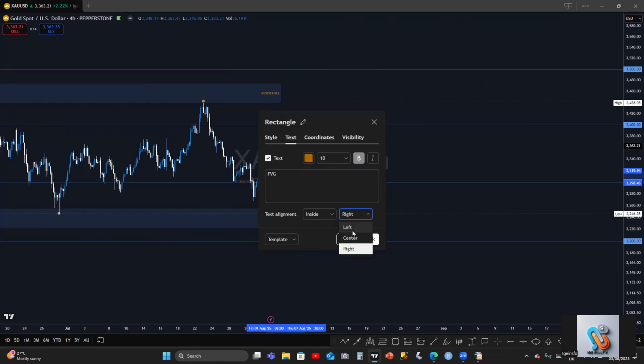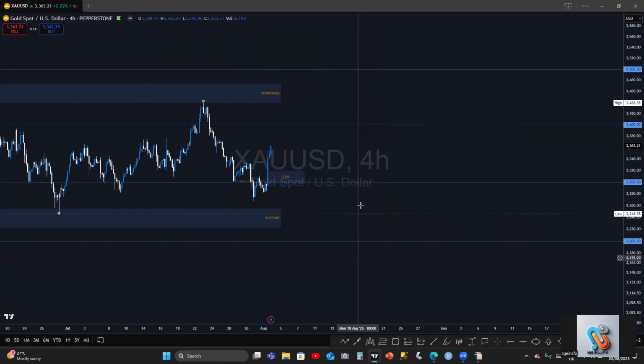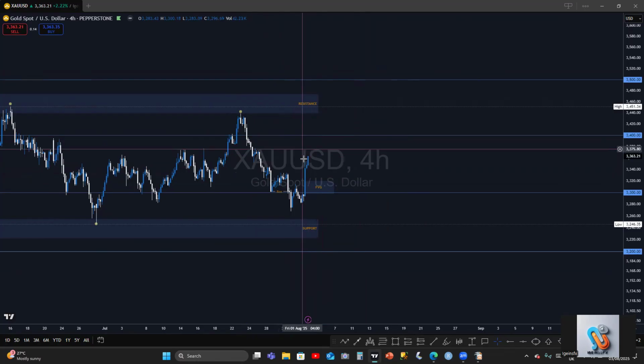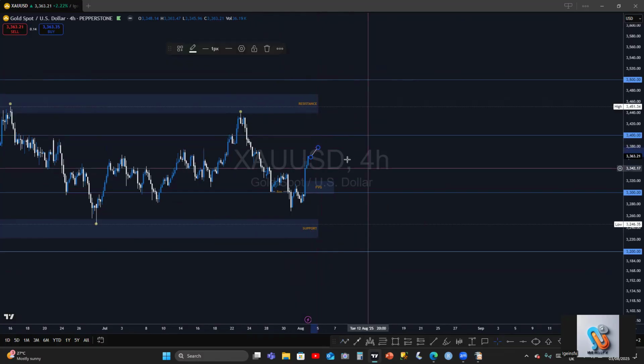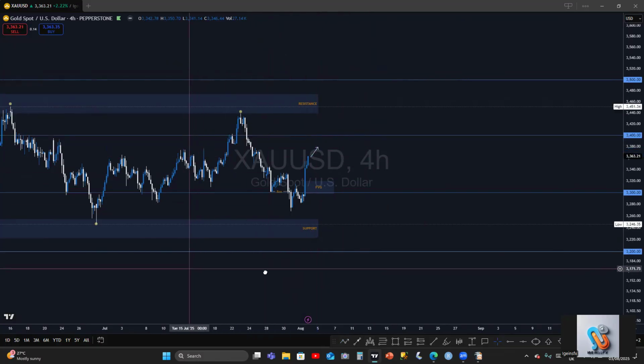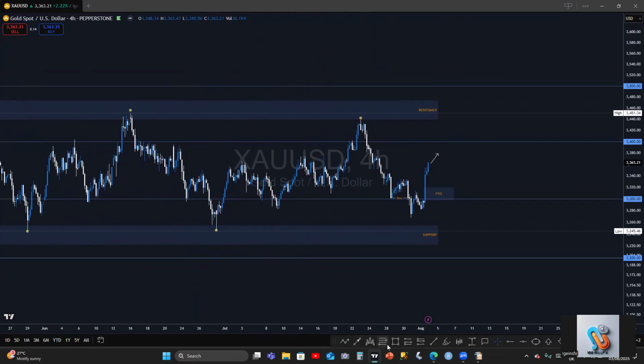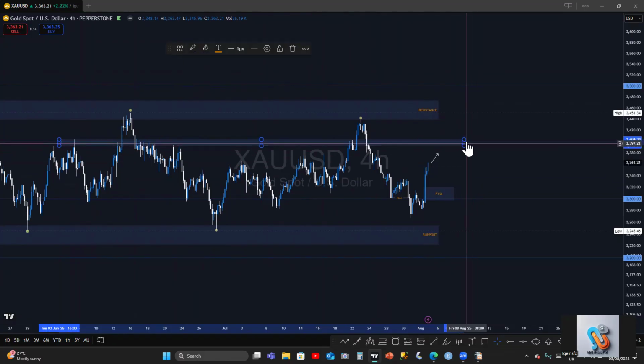That simply means that price will have to come back here to cover up this fair value gap. So until the market opens, if price should pull up to this, because if you look at it very well, you discover that there is still another resistance level here.